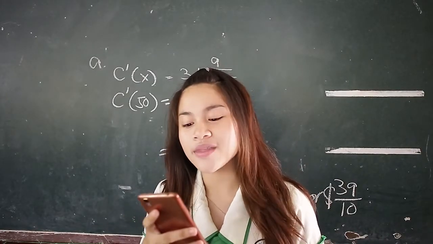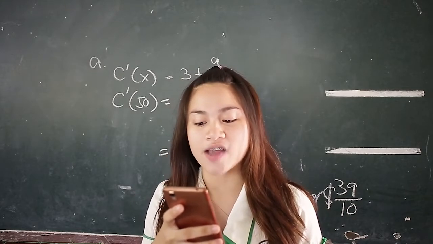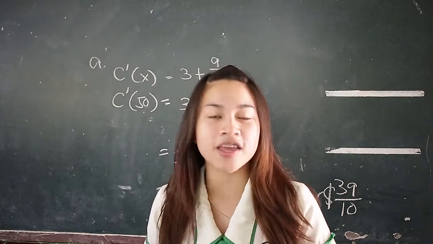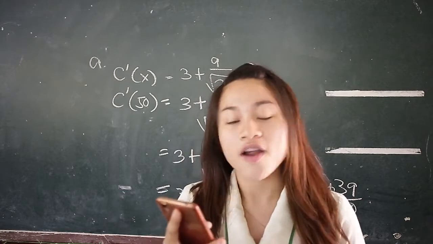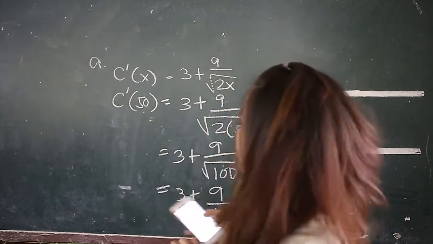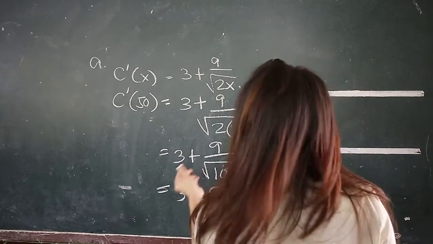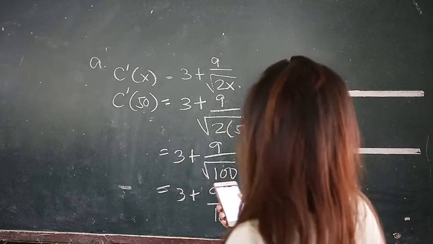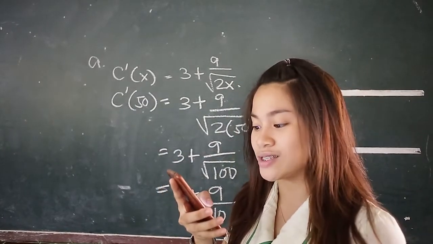Okay, so let's go back to the first problem. The first problem is to find the marginal cost when 50 units are produced. We already have the first derivative, and that is what we're going to use. So we're just going to substitute x with 50, because 50 units are going to be produced.